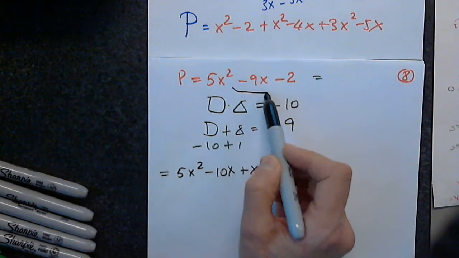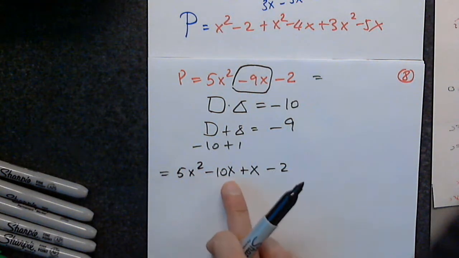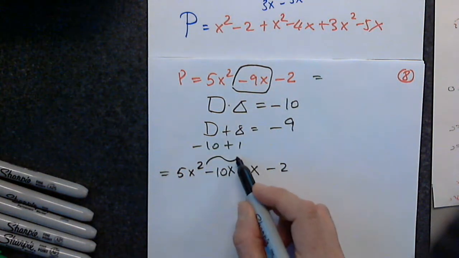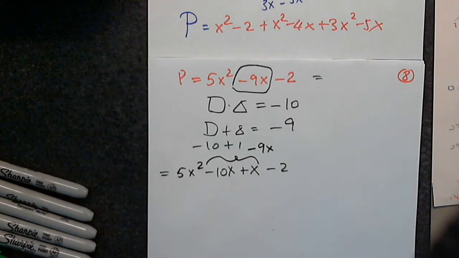You understand we are changing -9x. If I only write -10 plus 1, I'm not getting -9x. So this has to be the same as -9x. I can't change the problem. I can change the presentation because I need 4 terms instead of 3, but I cannot change anything else.